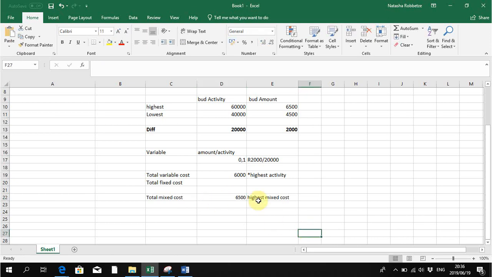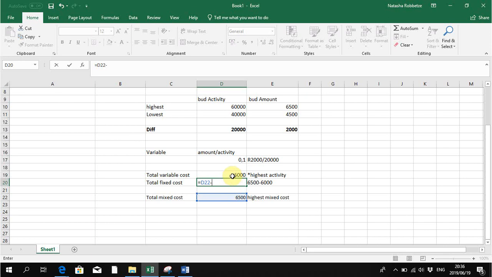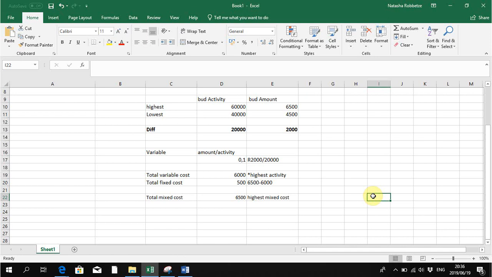And now I can calculate my fixed cost because this plus this should give us that one. So I'm going to say 6,500 minus 6,000. So that's going to be 6,500 minus the total variable cost, and that gives me a fixed cost of 500 Rand. And now I have split my costs.